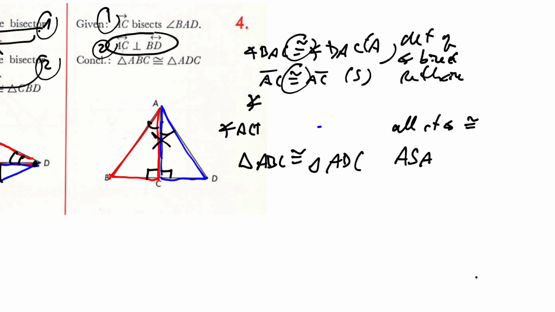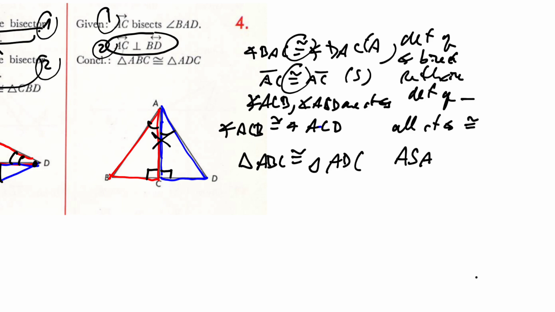Angle ACB. But the third to last step is saying angle ACB and angle ACD are right angles. I'll say definition of perpendicular.